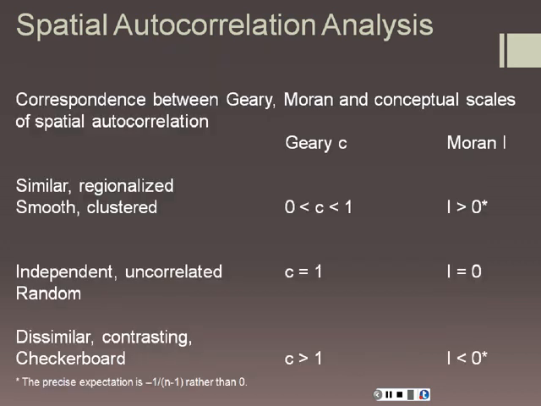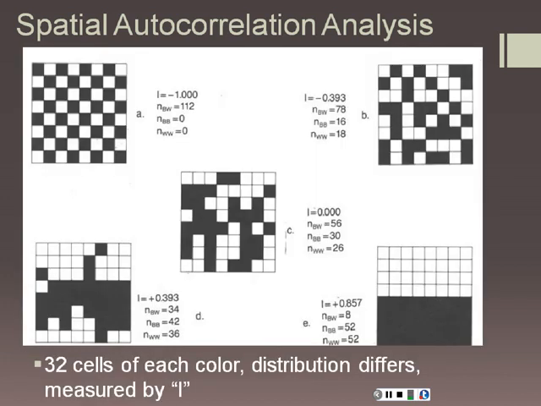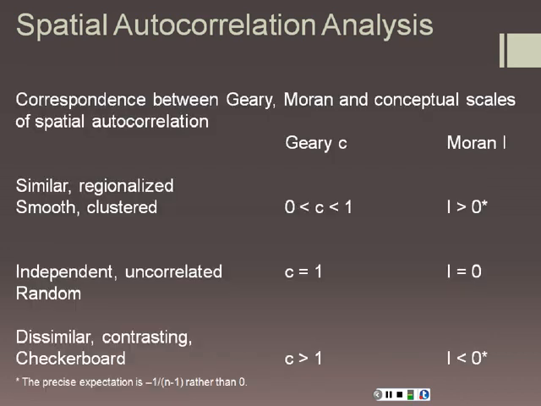The Geary C measures the same phenomena of clustering, but there's a little bit of difference here. In cases where data are similar or regionalized, so like in this case, where similar data are grouped together, Moran's I is going to have a value greater than 0, whereas Geary C is going to be some value between 0 and 1.